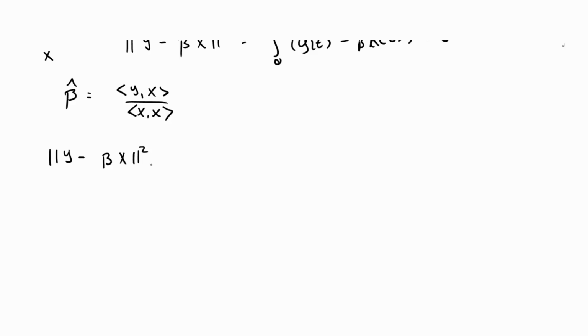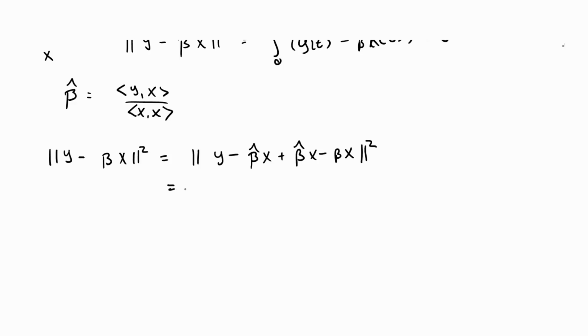And expand that out. Actually, since we know what the solution is, let's add and subtract the solution: y minus beta hat times x, plus beta hat times x minus beta x. This is a little bit of a cheaty way to do things because we actually know what the answer has to be.